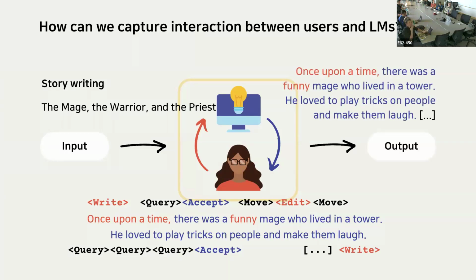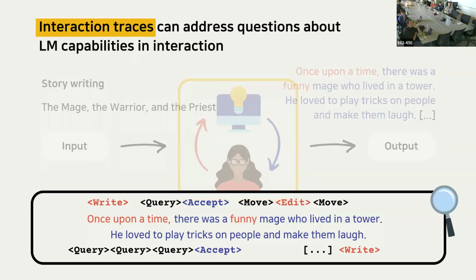So in this case, the output of this entire process is not just the model-written text, but a combination of user-written and model-written text. But the more important point here is that these interaction traces, which are basically a sequence of all the events that happen during this interaction, have so much richer information.